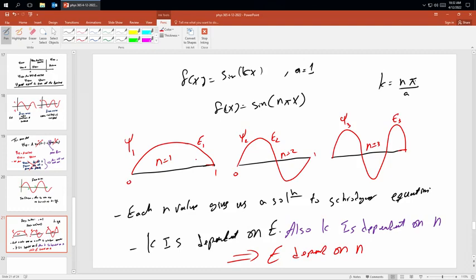So basically, each n gives us a different eigenfunction and eigenenergy.